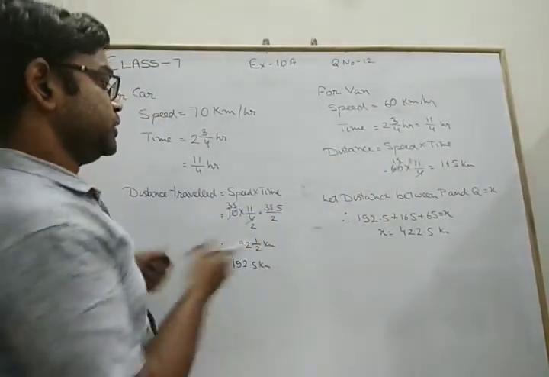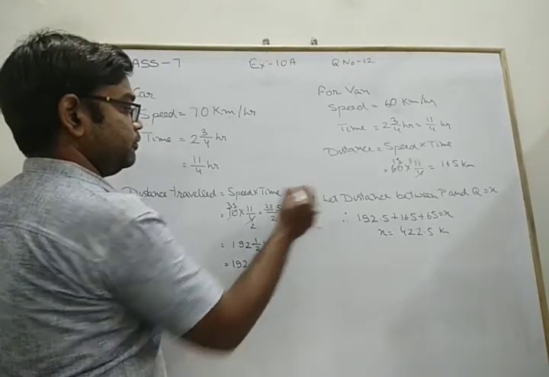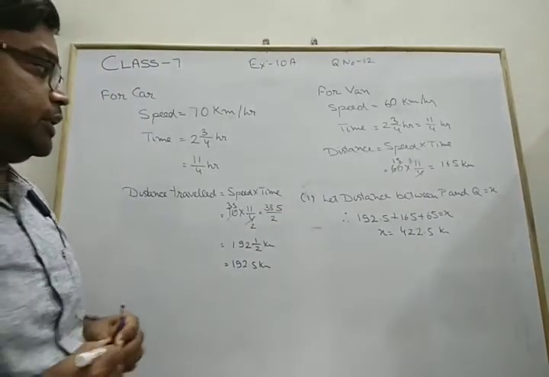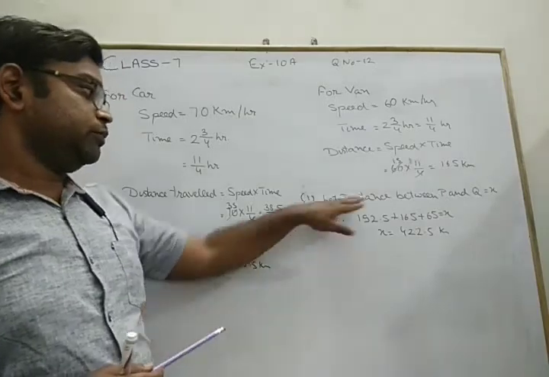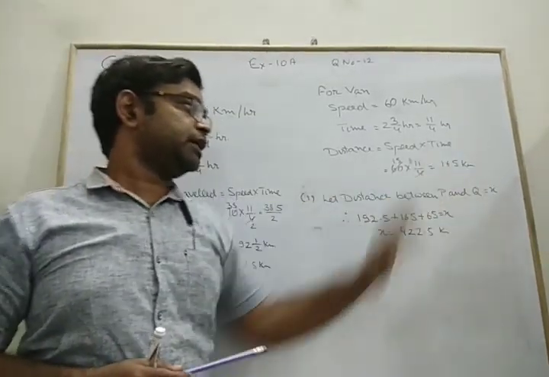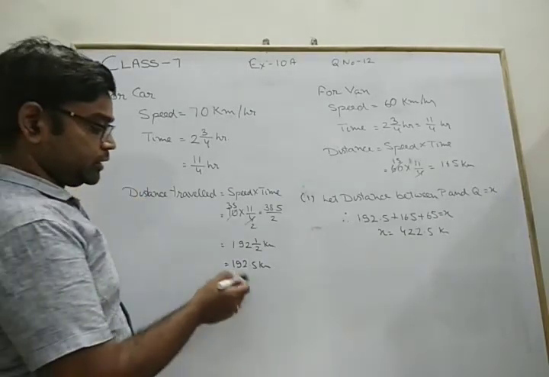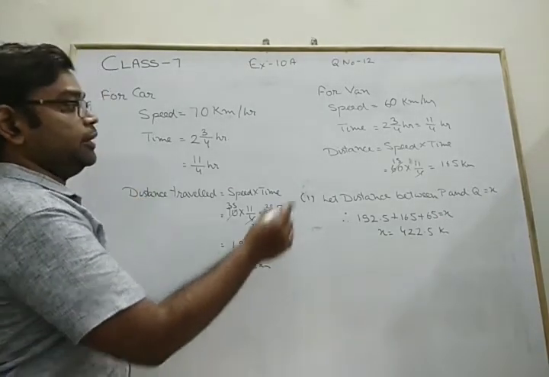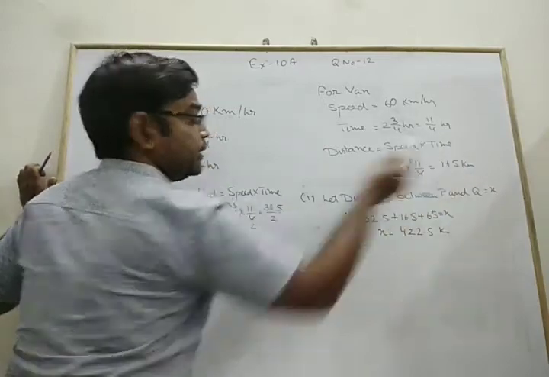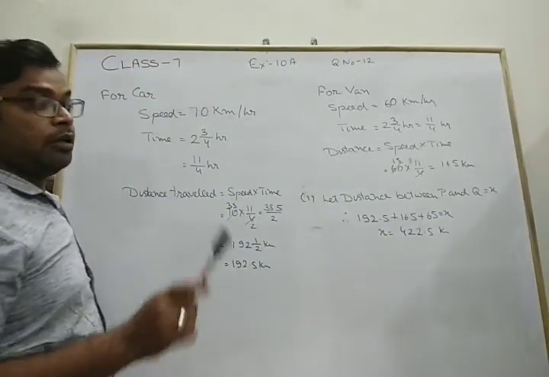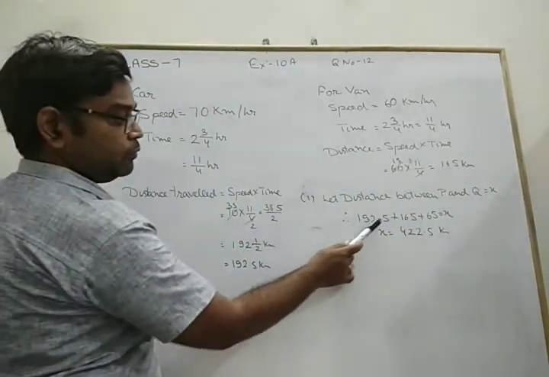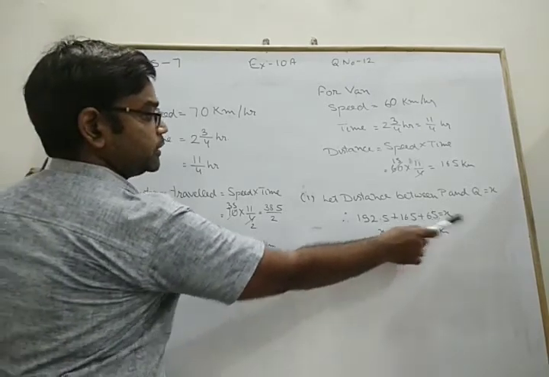Now, the first part of the question says find the distance between the towns. So we suppose the distance between P and Q equals x, and this x equals the distance covered by the car plus the distance covered by the van plus the distance between them, that is 192.5 plus 165 plus 65.